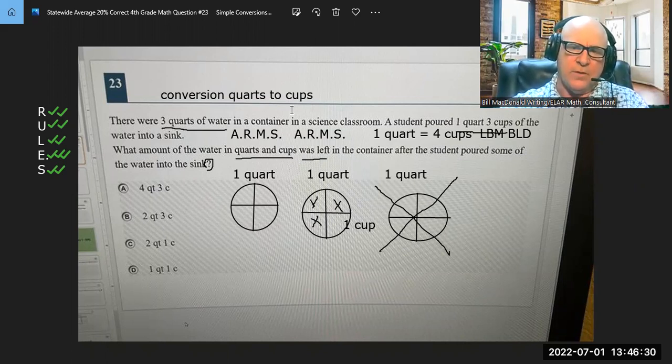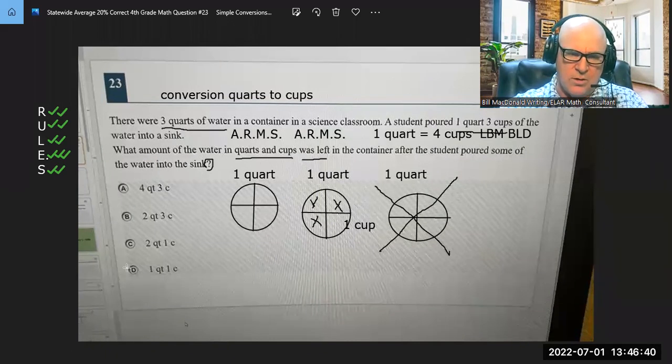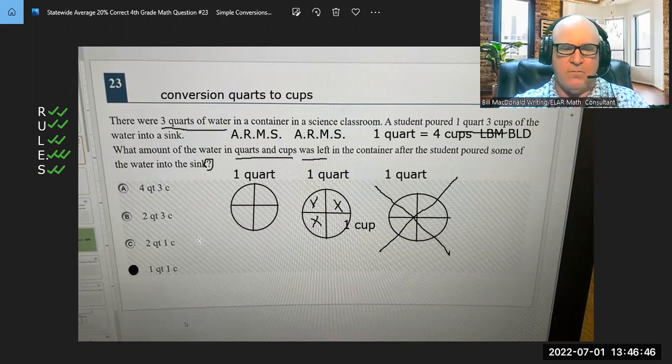And so if I was clicking my answer, all I've got to do is submit my answer. And so I'll just draw a little circle right here that I'm submitting letter D, and that's pretty much it.